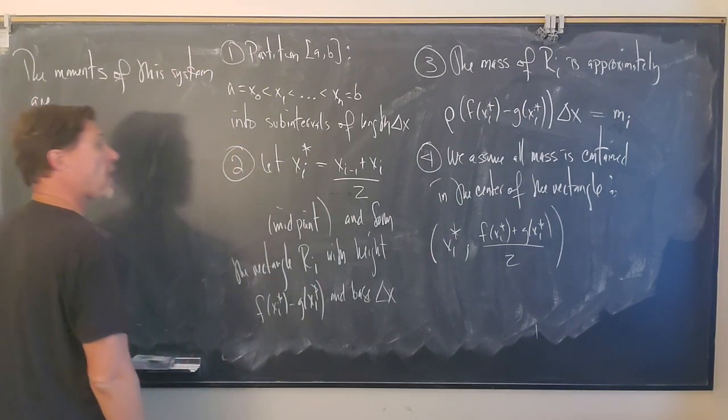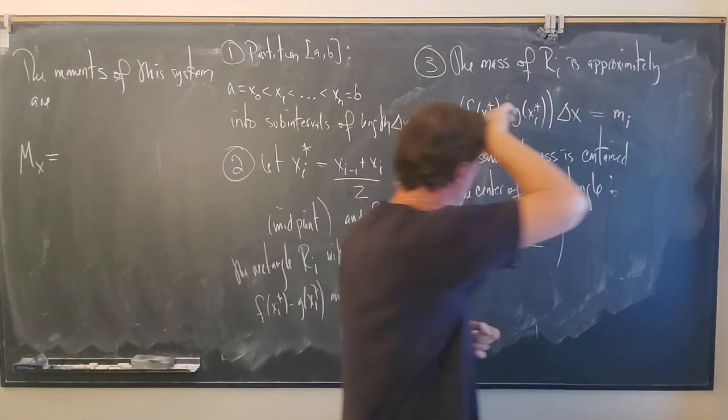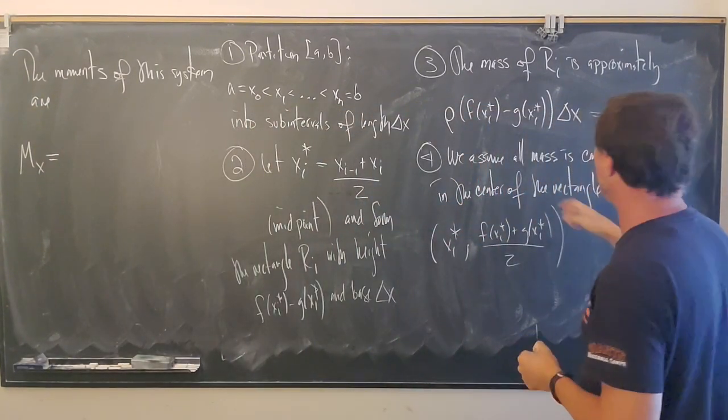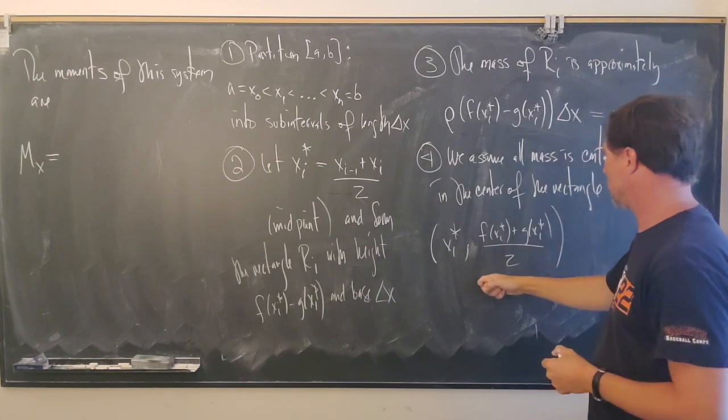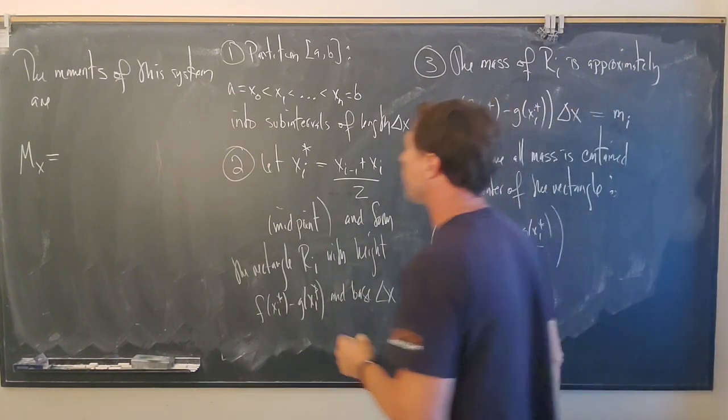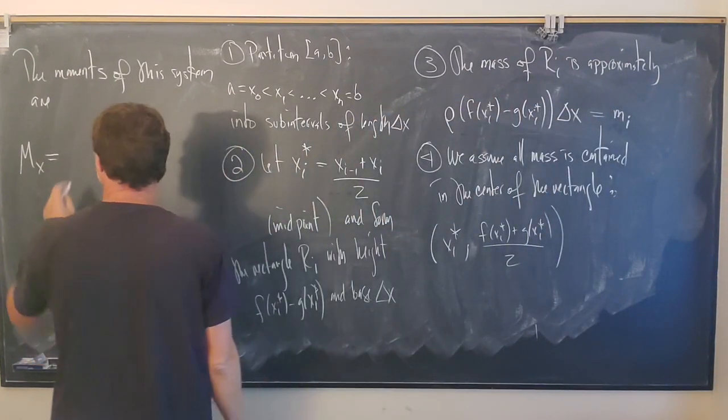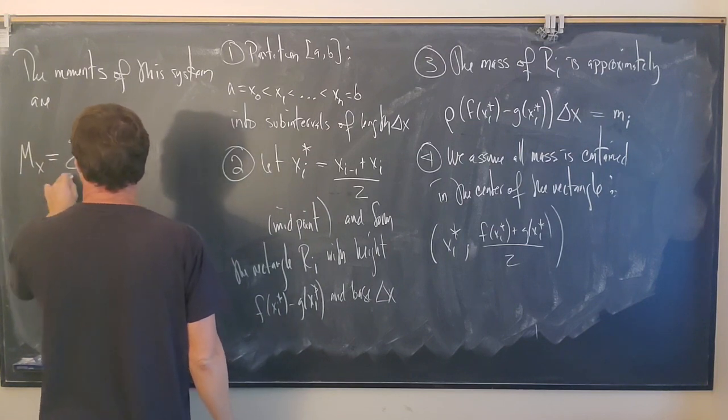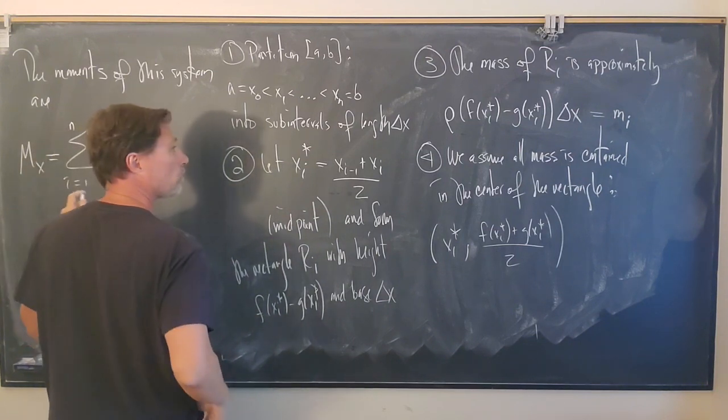That's going to be mass times y coordinate. So it'll be mass times y coordinate, and it'll be the sum of those. So it's going to be sum i equals 1 to n.